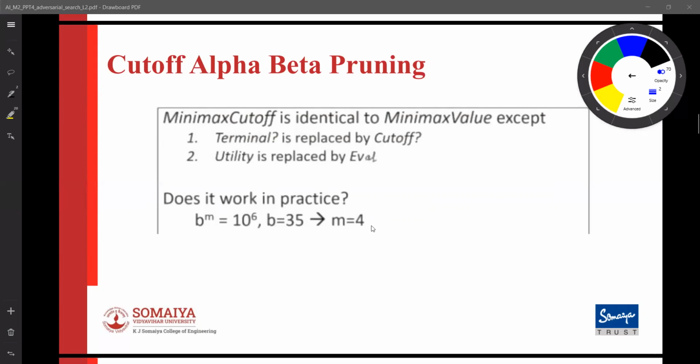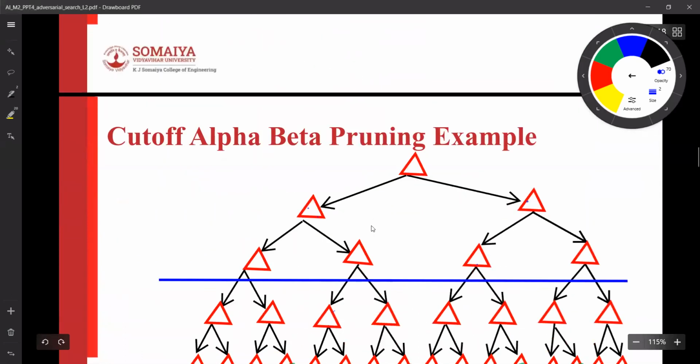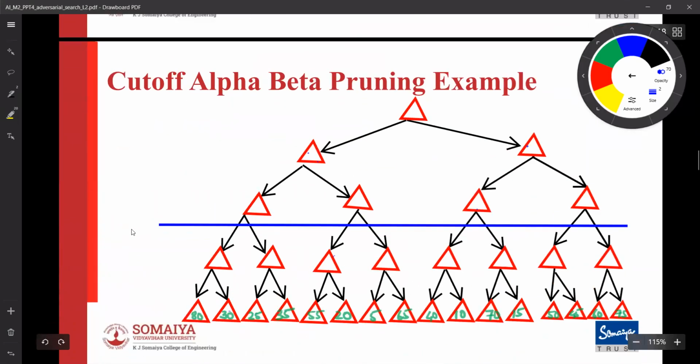This gives an intuition of cutoff alpha beta pruning: you do the cutoff here, search only till here, and then decide which is the best move, and later you go ahead. Our point is that we are not going to be able to reach the very end of the depth.